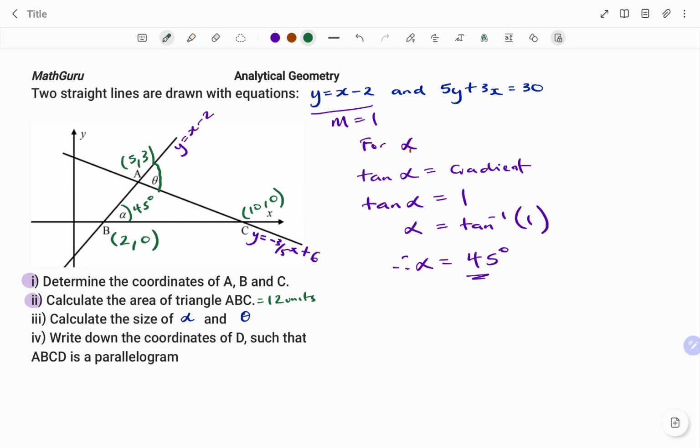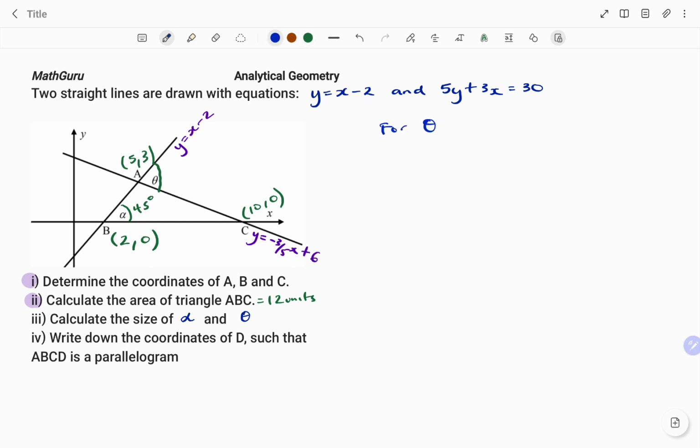The second part of the question, to find theta, as shown. Theta is the external angle of the triangle ABC. So if I can find the angle at C here, or this one, the vertically opposite angle, then I'll be able to find theta. Now note that that is the angle of inclination for the line AC. So I start with the gradient. I have the gradient of AC equals negative 3/5.